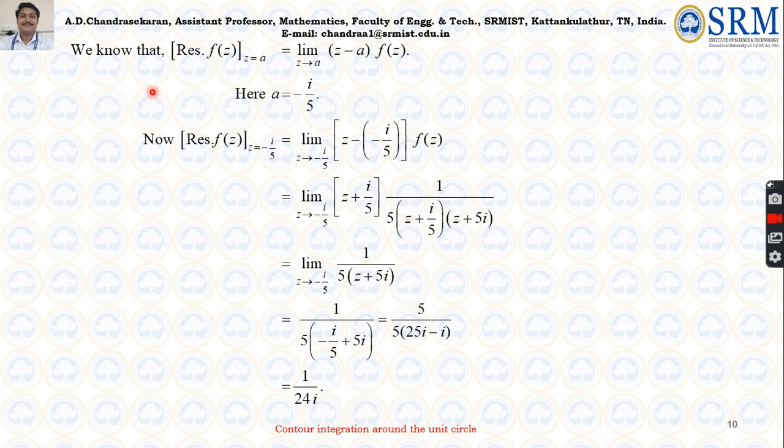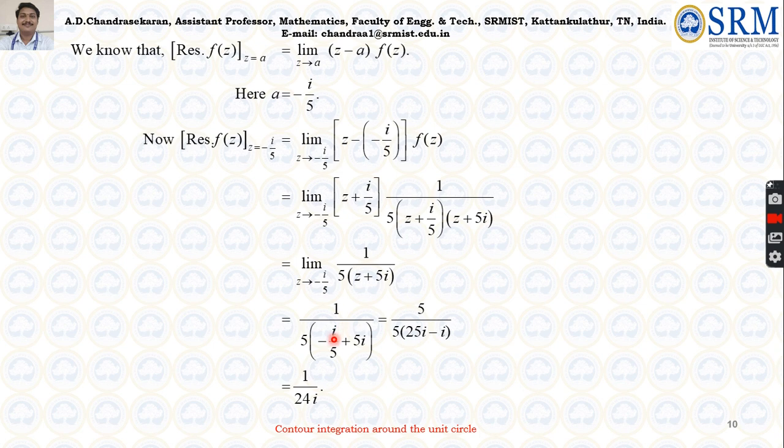We know the residue of f of z at z equals a, a simple pole, that is order 1, is given by the limit as z tends to a of (z minus a) into f of z. Here my pole is minus i by 5 and my f of z is 1 by 5 times (z plus i by 5) into (z plus 5i). So the corresponding pole term will cancel, and the balance is 1 by 5 into (z plus 5i).